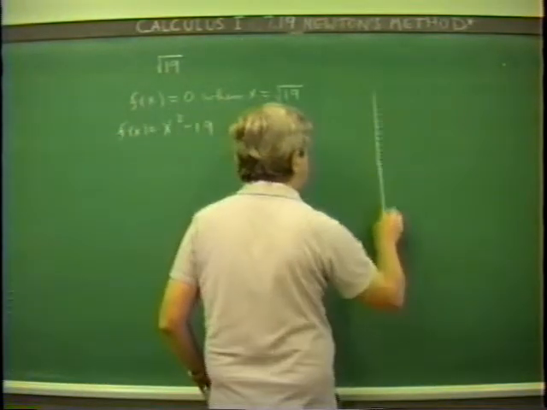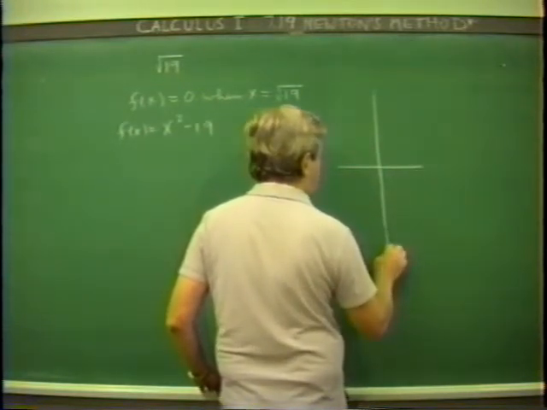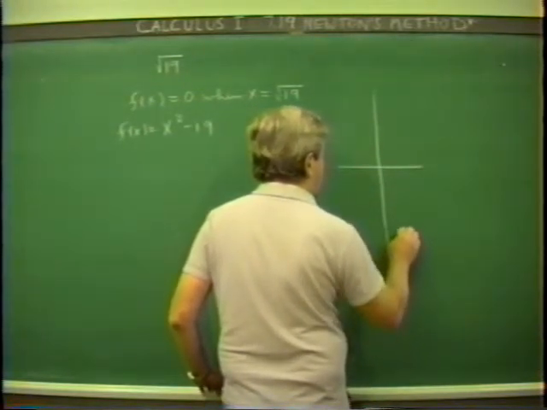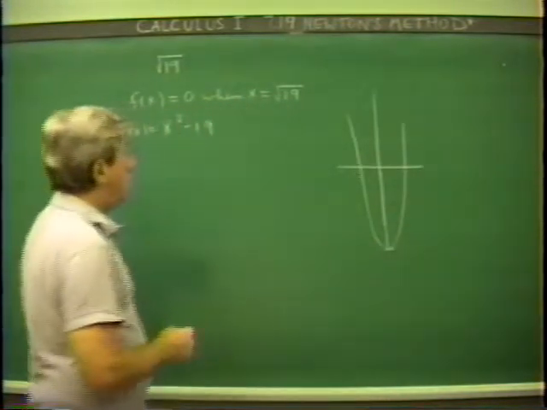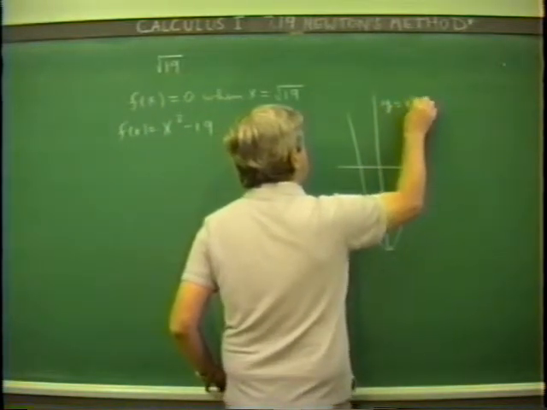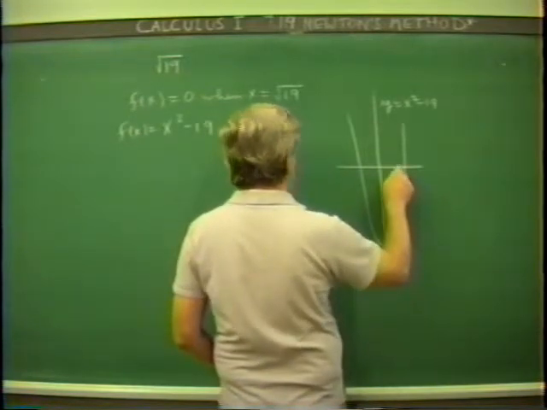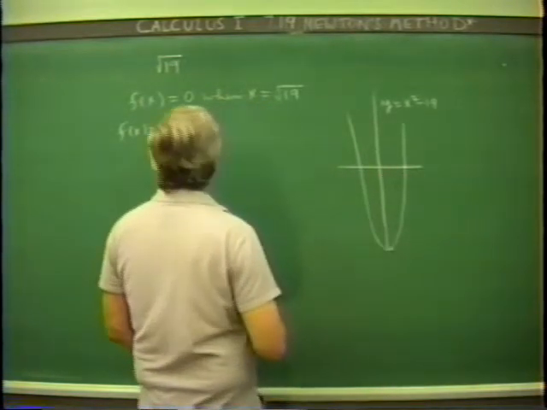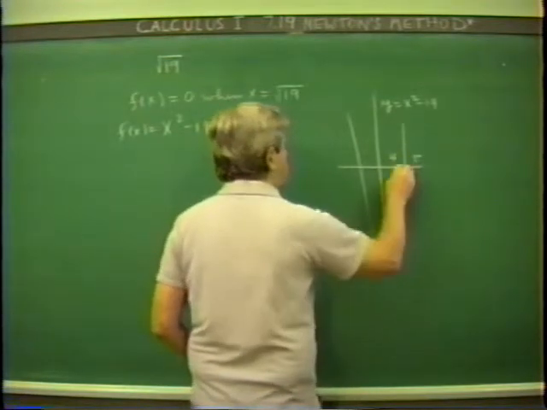And f of x equal to x squared minus 19 should do the trick. So our function f of x looks like this, the parabola x squared minus 19. And we want to know when it's equal to 0.